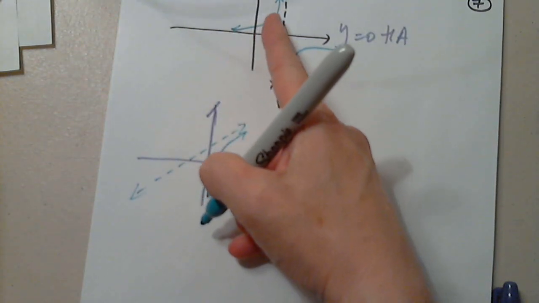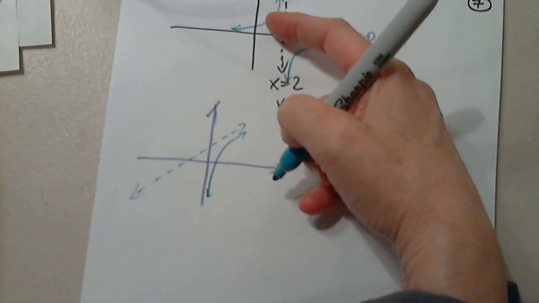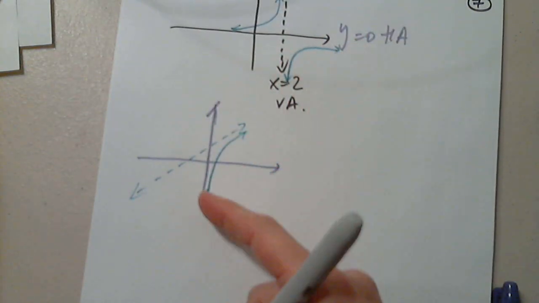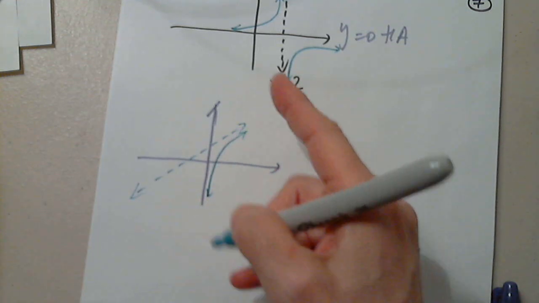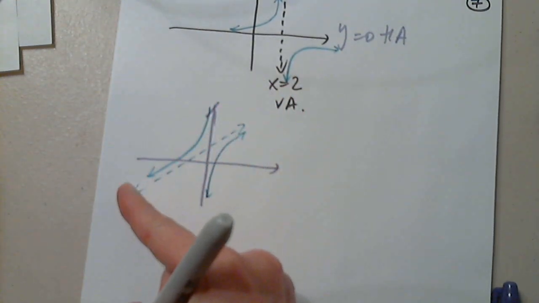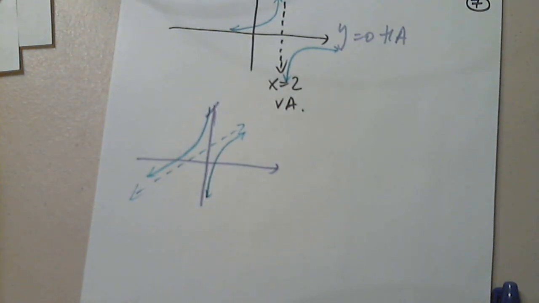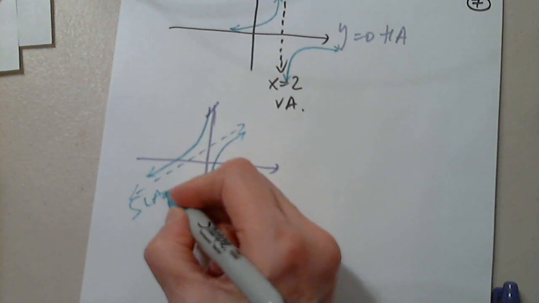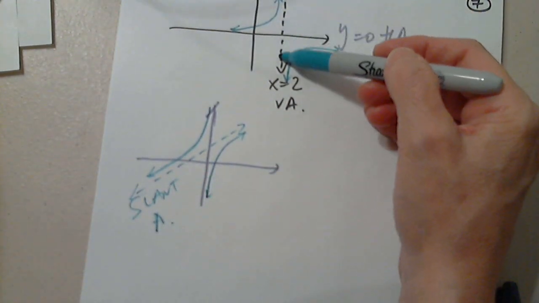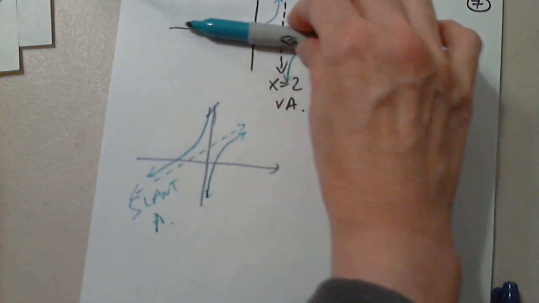The function follows the asymptote. So this will be a slant asymptote, vertical asymptote, horizontal asymptote.